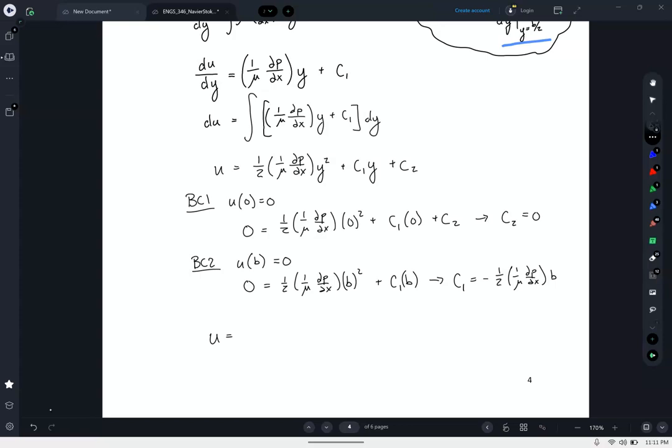Because they both have this same jumble of constants out front, I'm going to pull those all out front. So 1 over 2 mu, maybe I'll even put the dp dx on top, 1 over 2 mu. And then we simply have y squared minus y b.